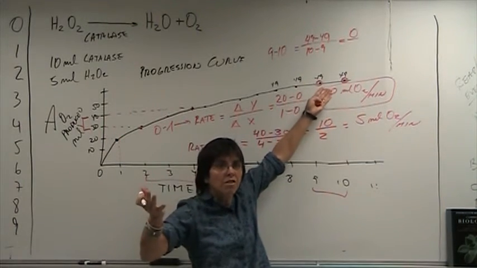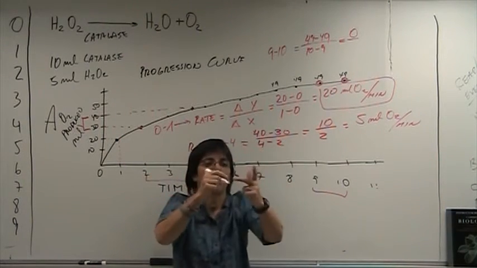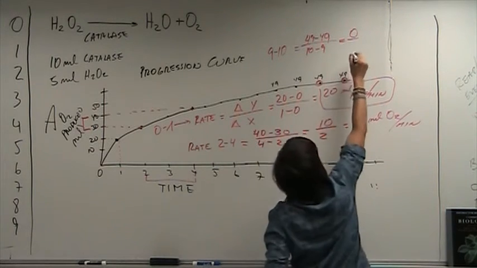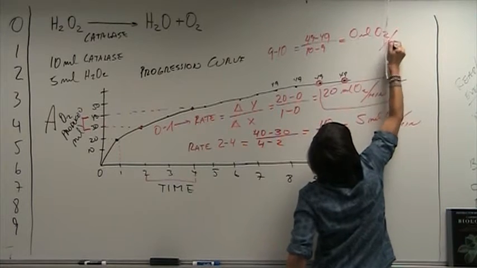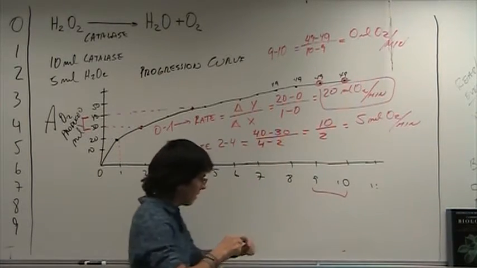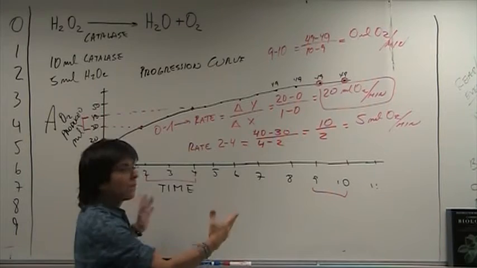Obviously, no more oxygen produced, that means a reaction is not happening. So the rate of reaction here is 0 mLs of oxygen per minute. So this is very interesting.